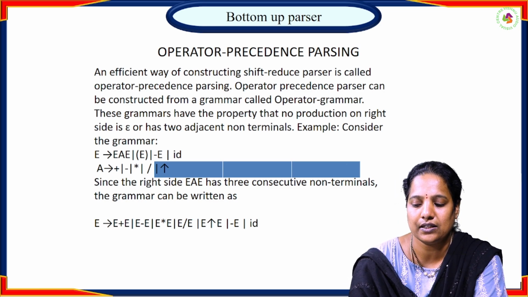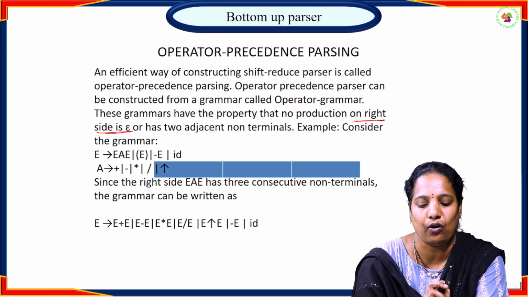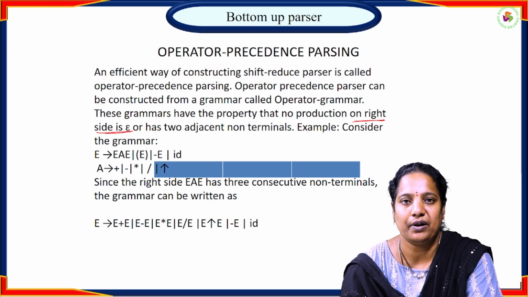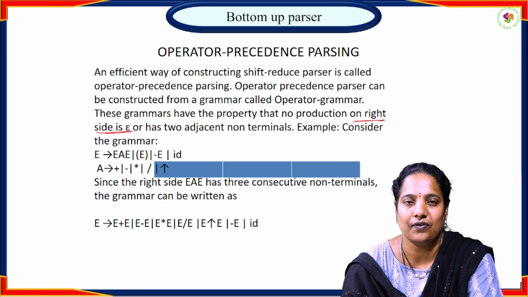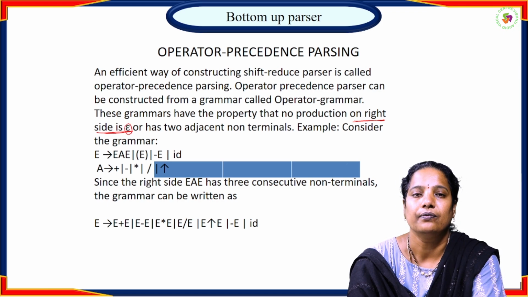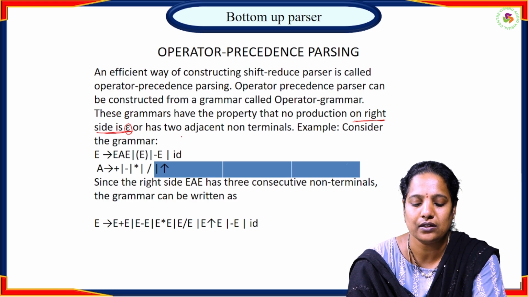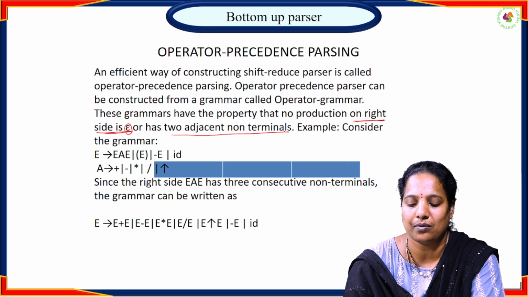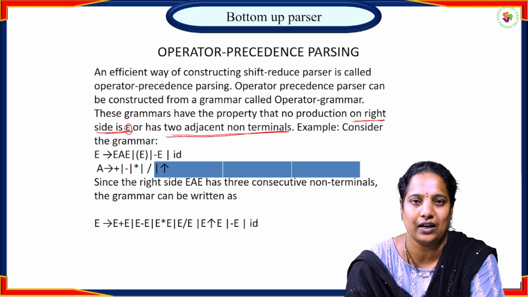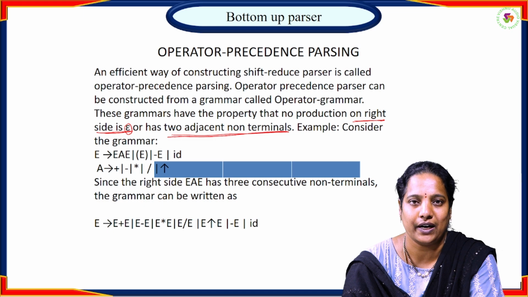The first one is that the right hand side of a production should have no epsilon. When writing the production rules, if any production has the epsilon symbol, then it is not an operator grammar. One more rule is that if two adjacent non-terminals are there in the grammar, then it is not an operator grammar.